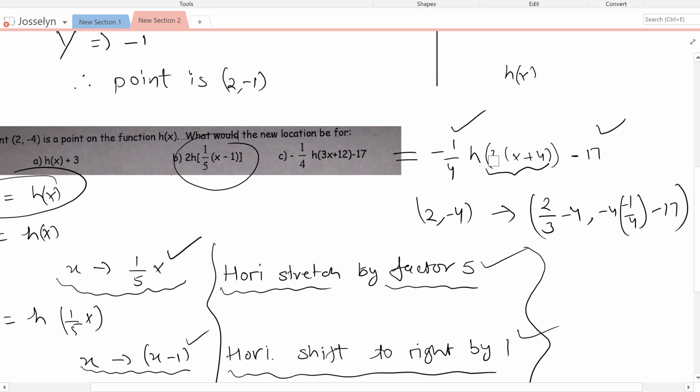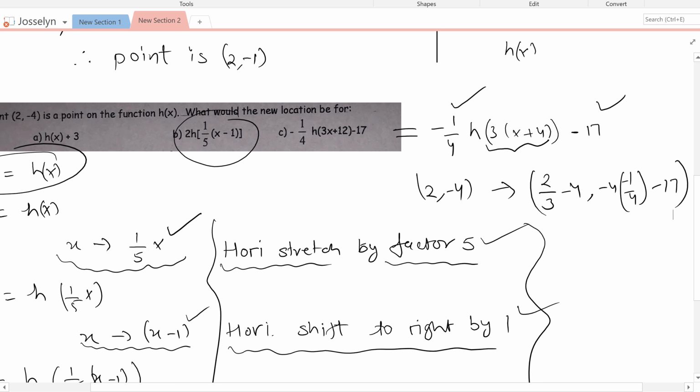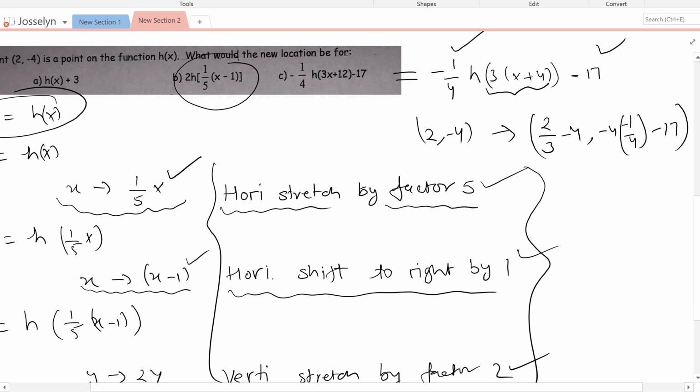So x was facing 2 transformations, and they're affecting the 2 in this manner. But the y, which was negative 4, is going to get a stretch and then negative 17. It's not a stretch actually, it's a compression. So you just write whatever you have there. And for the answer, you can do it the long way, or the shortcut.